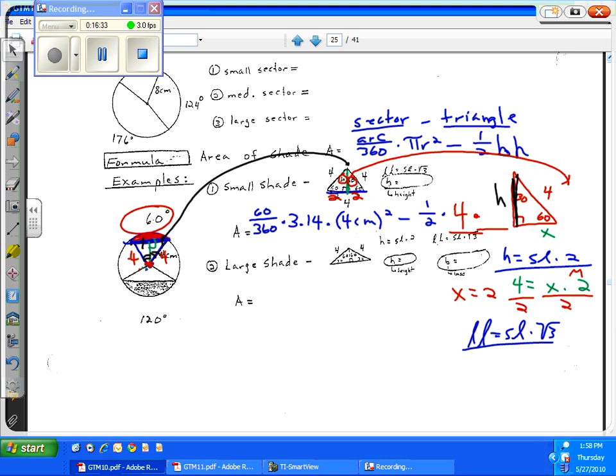So the height, which is the long leg, is equal to the short leg, which we just found out was 2, times the square root of 3. And so the height is 2 square root 3. I'm going to take this picture out and rewrite that, 2 square root 3.